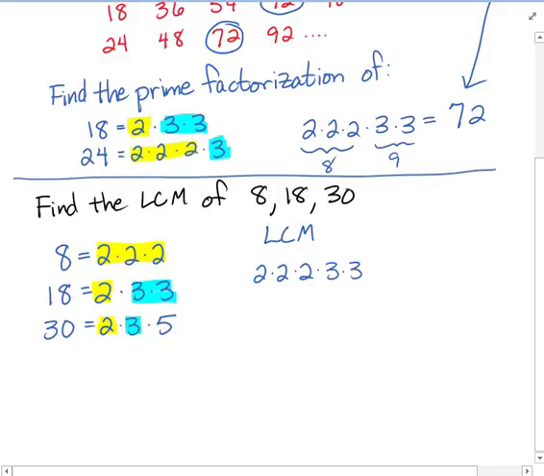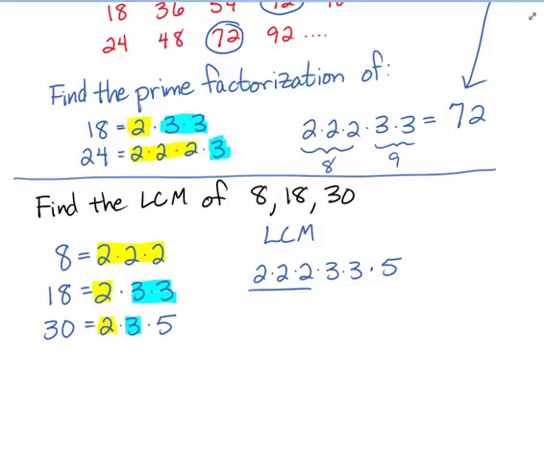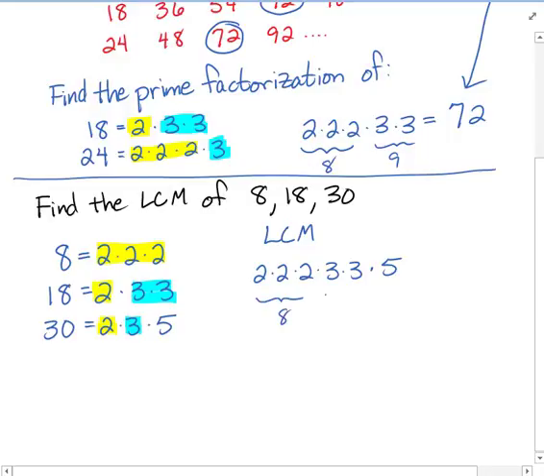And then finally 5's. Well, we only have one group of 5, and so that's by default going to be the largest of the groups of 5, and so we're going to take that. Largest group of 2's times largest group of 3's times largest group of 5's. That looks like that's going to turn into what? This is an 8, this is a 9, and this is a 5.